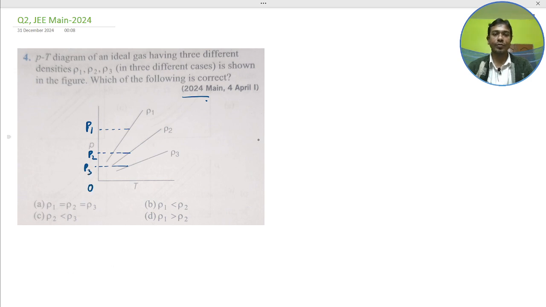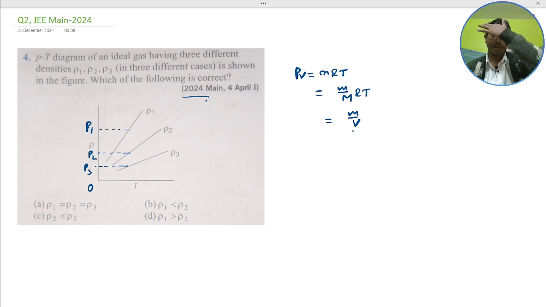So PV equals nRT equals M by m times RT, which is equal to M by V here RT by m. So P equals rho RT by m.